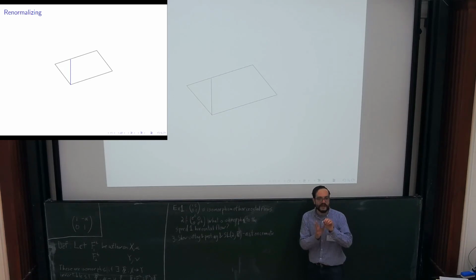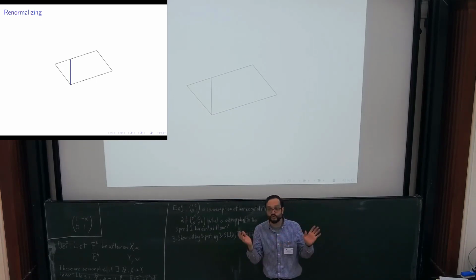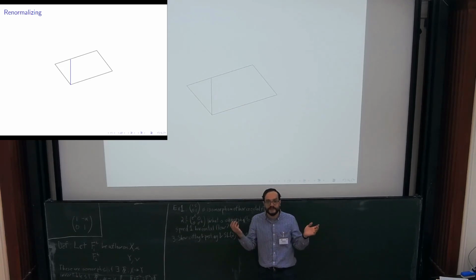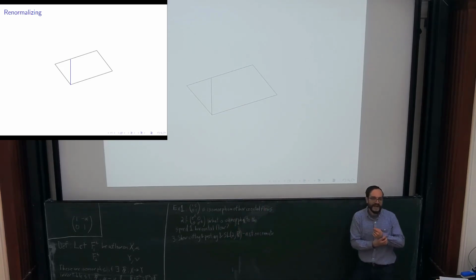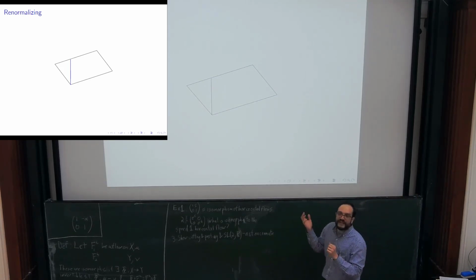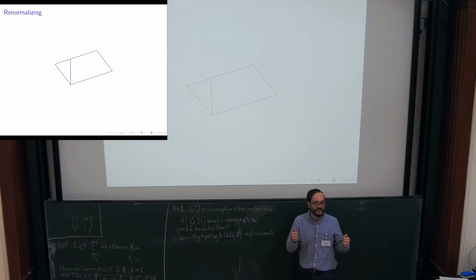I'm not going to be able to cut it up and reassemble it to get a torus at a different angle, usually. There are some exceptional examples, like the square torus, and if you rotate it by pi over 2, you'll end up with the same torus again, right? And I think any torus rotated by pi gives you back the same torus. But if you rotate by a little bit, you're going to get a new torus. Is everybody okay with that?